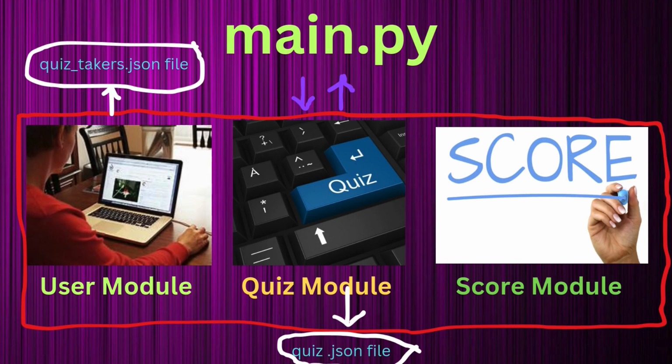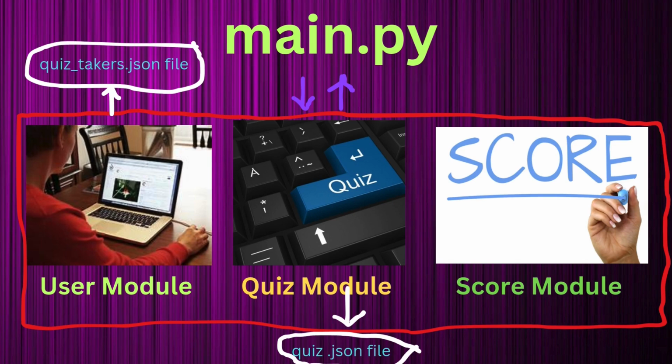Whenever there is a program line, it is going to have some functionalities from the modules concerned. We'll go there and see what actually is happening. So to start with, what is the logic that we have? At the starting of this project, we are asking the user for their name and age, and then we are enrolling it inside that quiz takers JSON file.